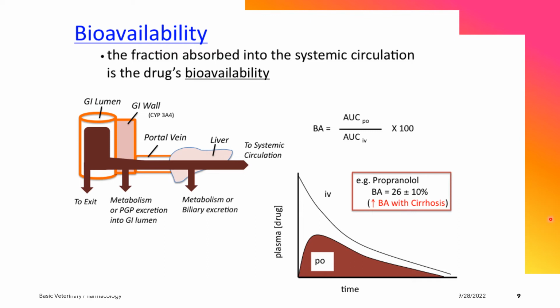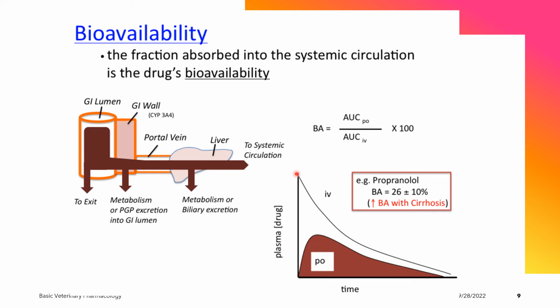So the reduction in the AUC after oral administration can result from numerous mechanisms. This diagram here represents the area under curve of a drug that is orally administered or per os. And we also have here the AUC of the drug that is administered through IV. So again, when we administer a drug through IV, it will not undergo the same process that the orally administered drug undergoes.